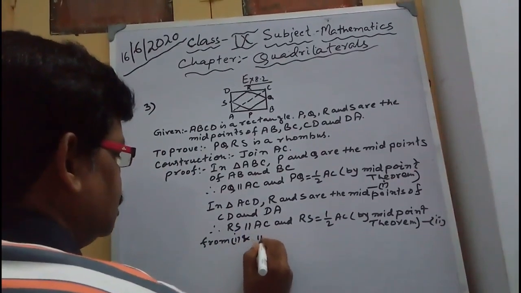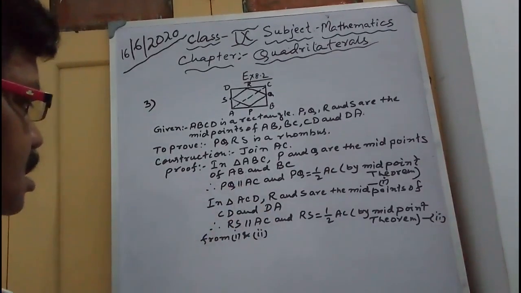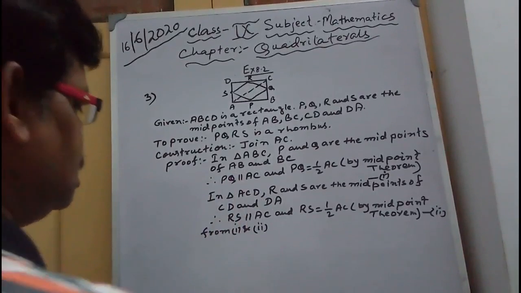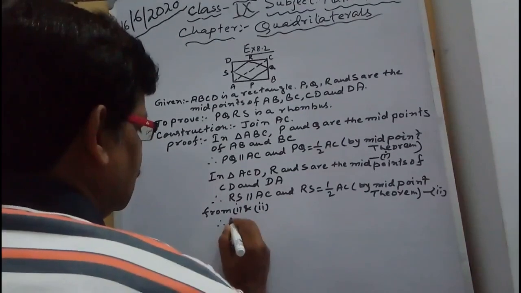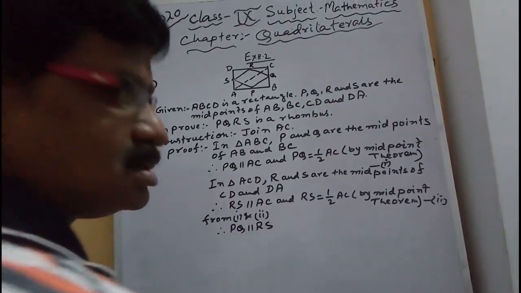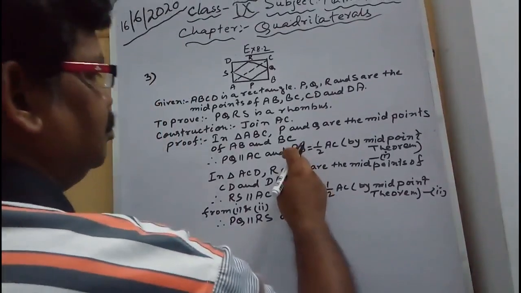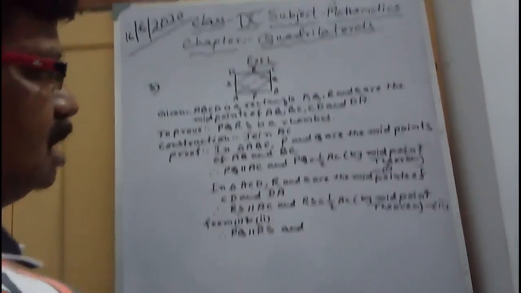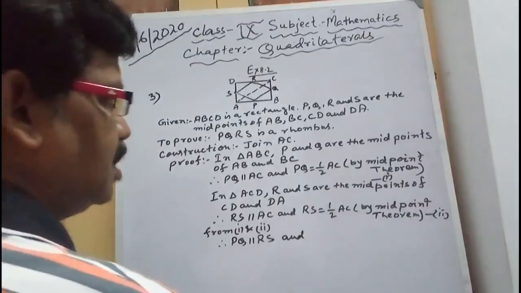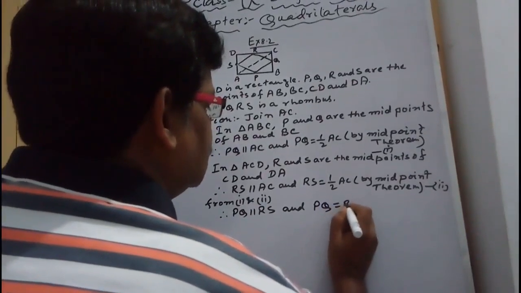So from 1 and 2, PQ parallel to AC, RS parallel to AC. So therefore, PQ parallel to RS, and PQ equal to half AC, RS equal to half AC. Therefore, PQ equal to RS.